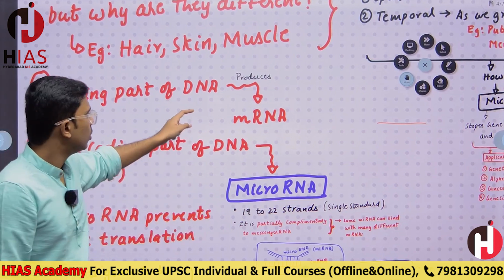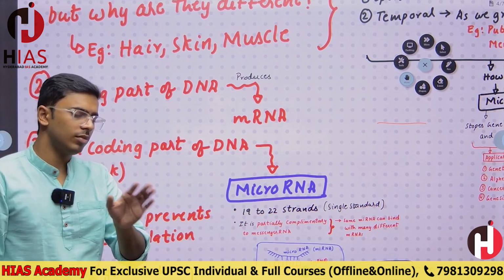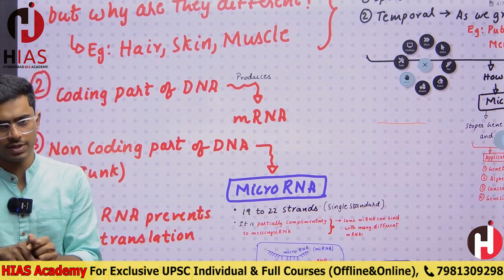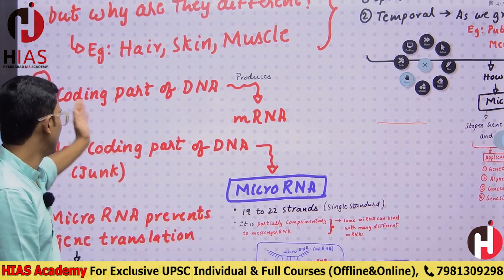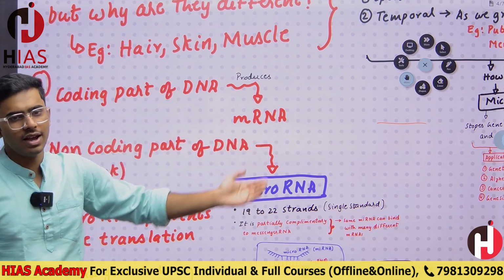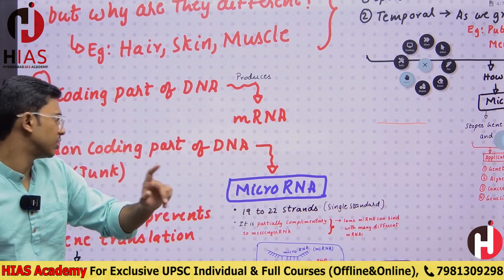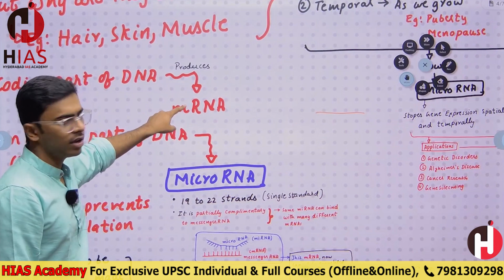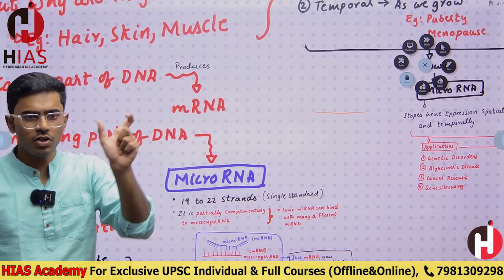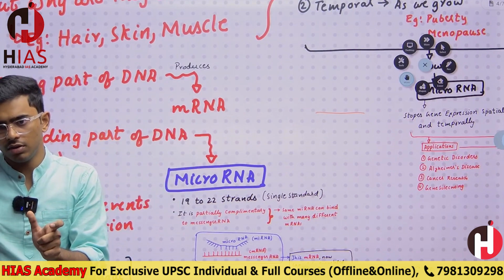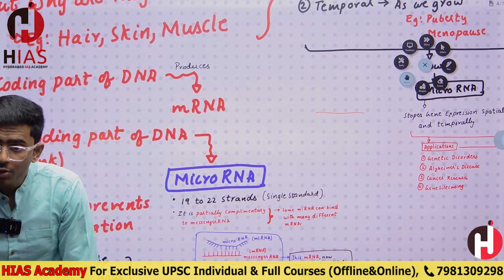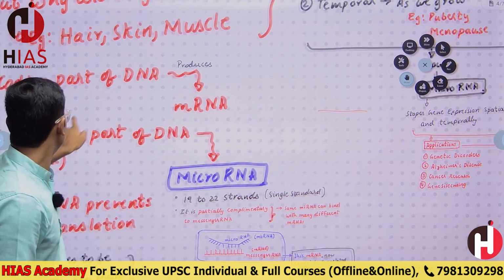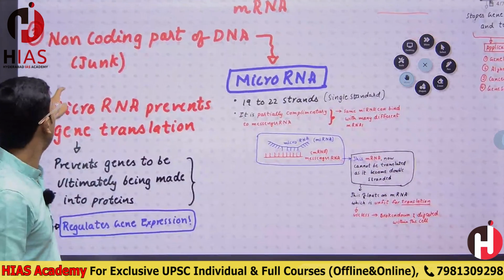Genes. For all practical purposes and for simplicity, we'll call the coding part of DNA a gene, although it is not the definition. It produces mRNA. We all know this. Genes produce mRNA, mRNA produces protein. Focus in the class.